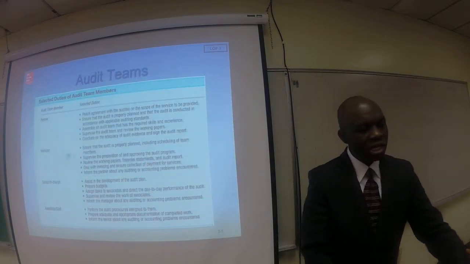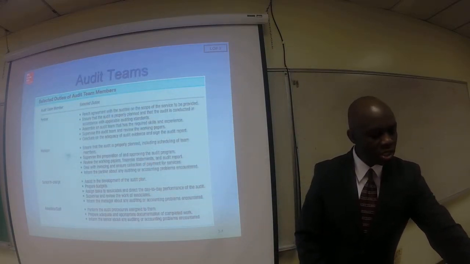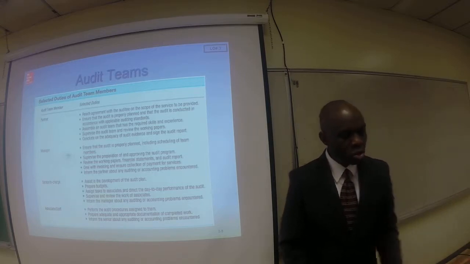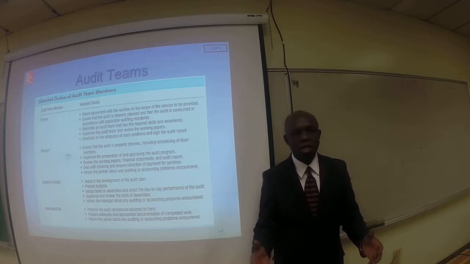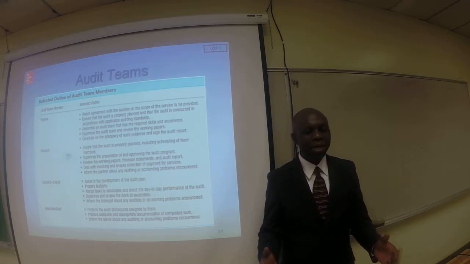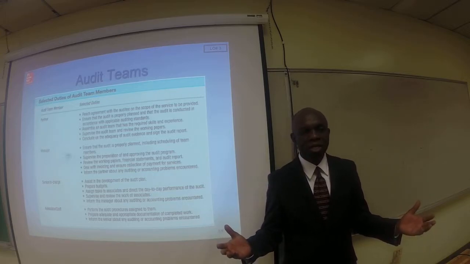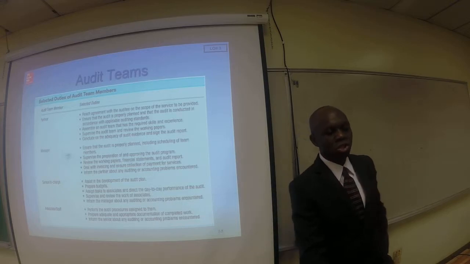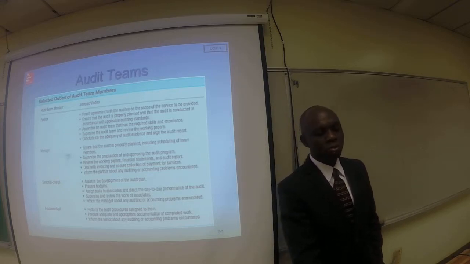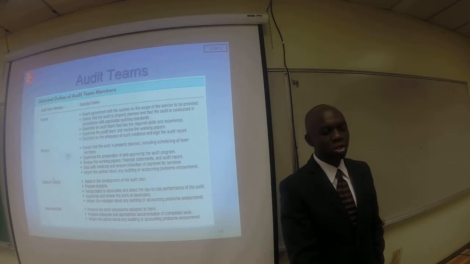Moving along, let's take a look at the audit teams. When you complete your bachelor's degree in accounting and you land a job in a public accounting firm, for example, the Big Four, the first thing is you are going to be considered an associate staff. After 3 or 4 years, you might wind up becoming a senior in charge.